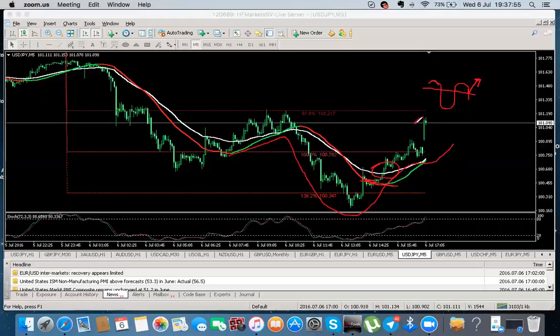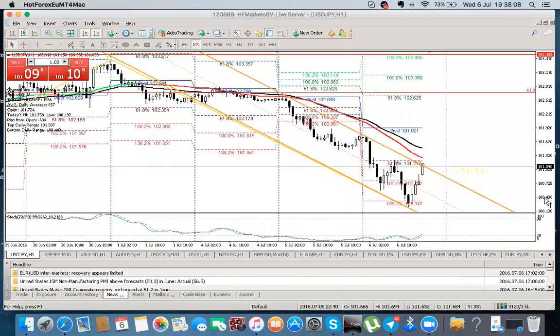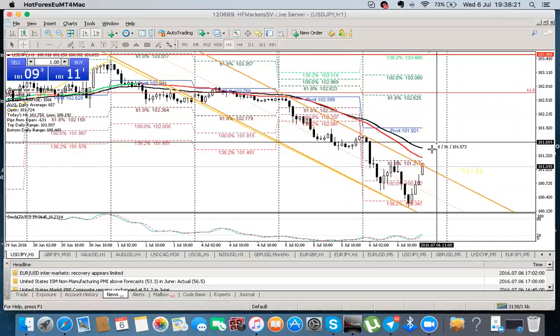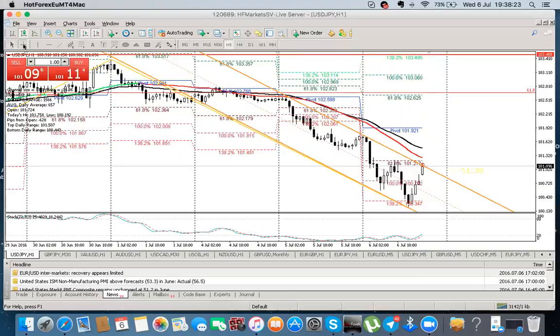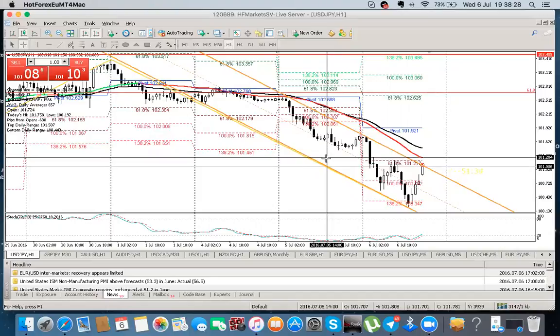Since we have FOMC, I'm expecting the US dollar versus yen to go to 101.40, which was my take profit, somewhere above the 61.8 level.